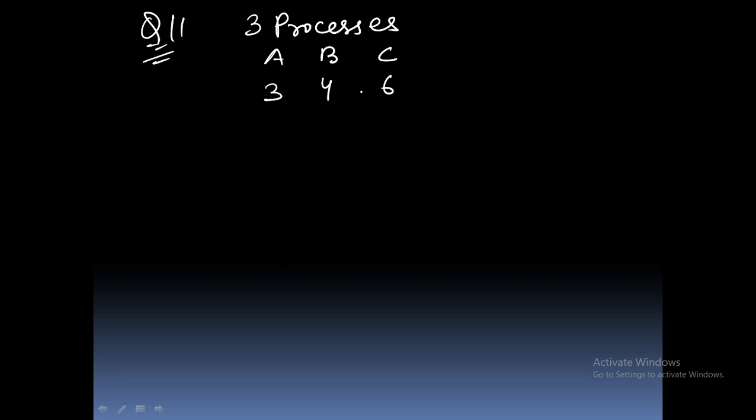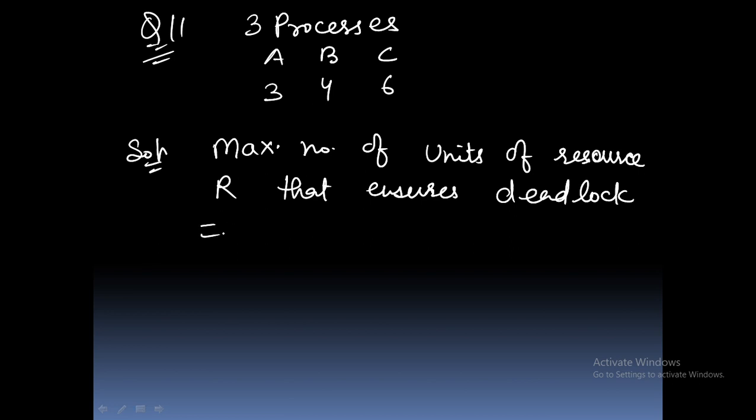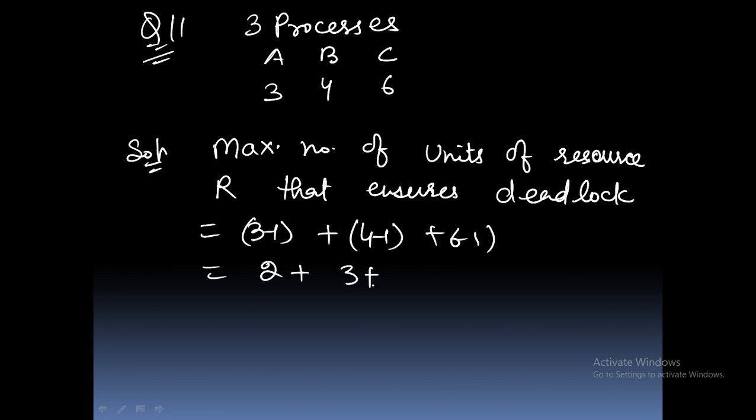For calculating this, first of all, you have to find the maximum number of units of resource R that ensures deadlock. That will be calculated by 3 minus 1 plus 4 minus 1 plus 6 minus 1, that is 2 plus 3 plus 5, that is 10.